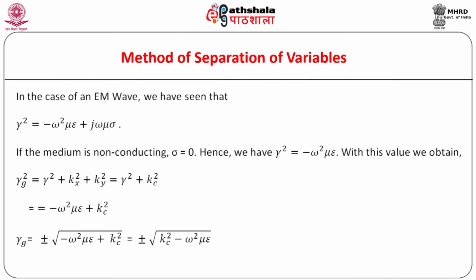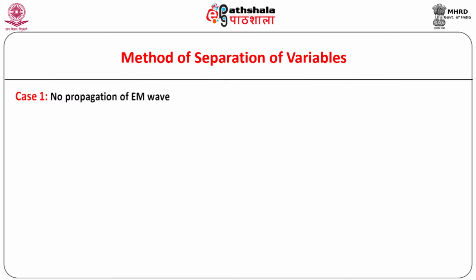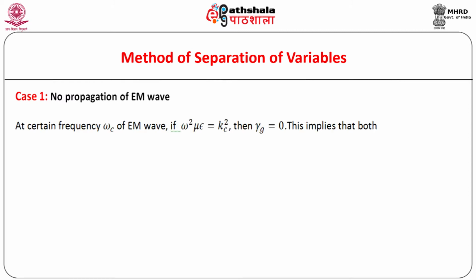Depending upon the value and the nature of the propagation constant gamma g, three different cases will arise regarding the propagation of electromagnetic wave as discussed below. Case number 1, no propagation of electromagnetic wave. At certain frequency omega c of the electromagnetic wave, if omega squared mu epsilon is equal to kc squared, then obviously gamma g will be 0.